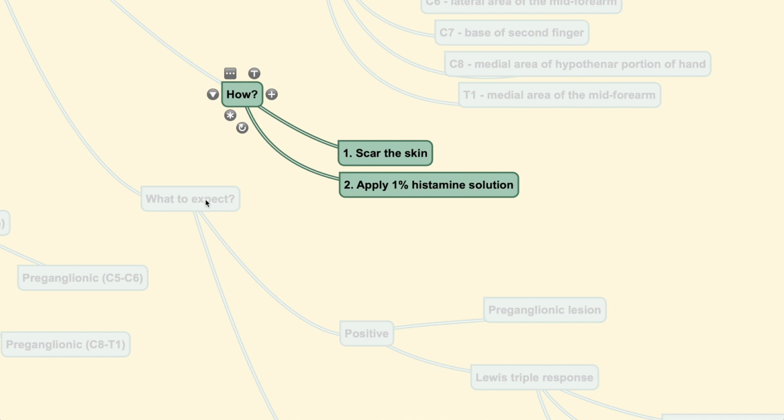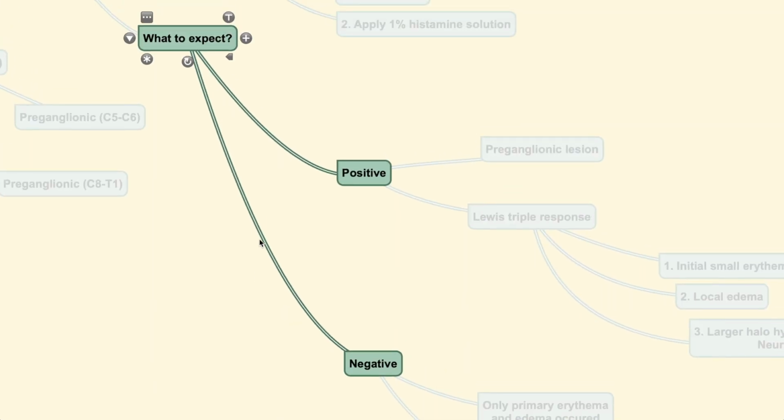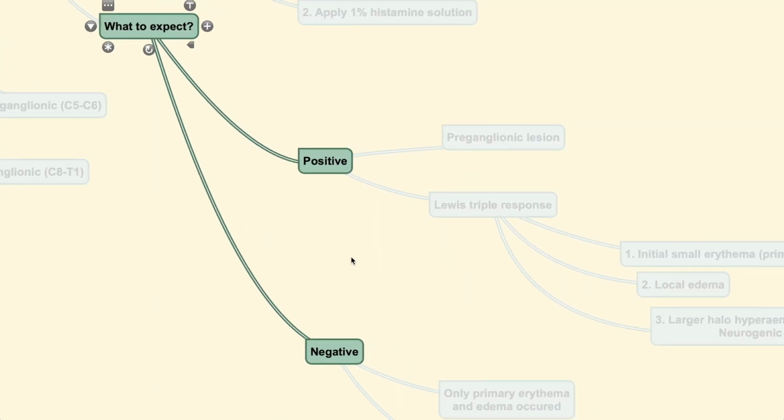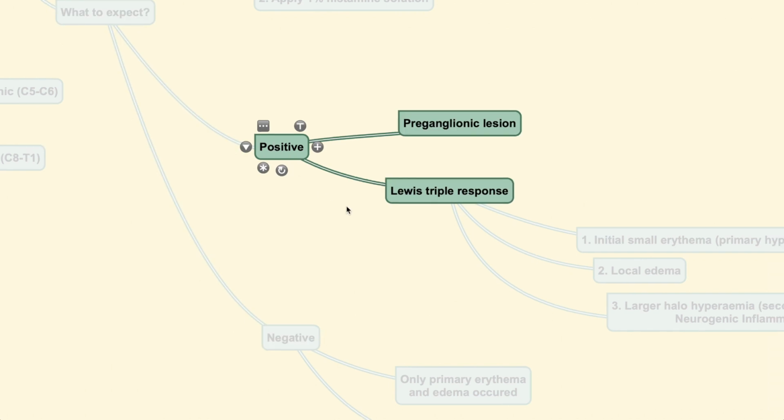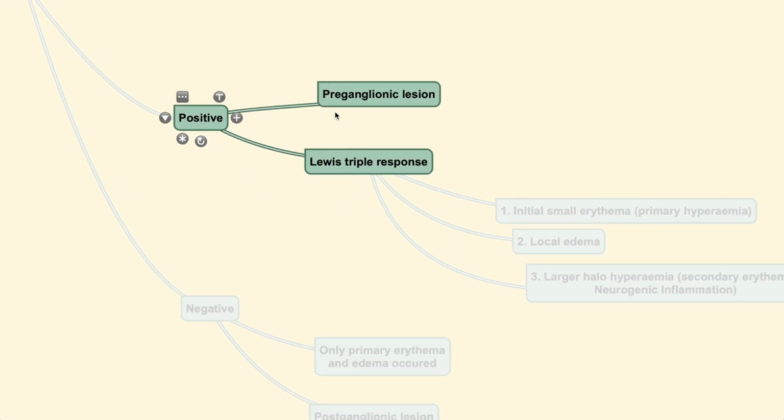And then what to expect would be a positive or negative finding, because a positive finding would mean that the lesion is a preganglionic lesion. Remember that the histamine test actually tests the integrity of the nerve way down from the branches up to the ganglion.